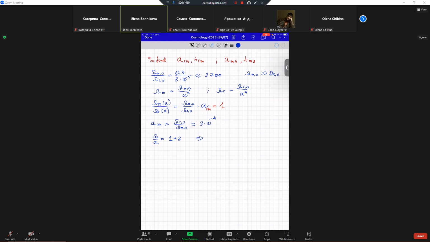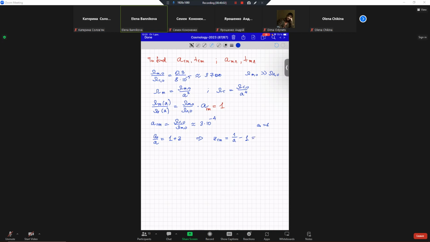So it means that if you want to find Z which corresponds to A_rm, we need A0 equal to 1, and just do some simple things.